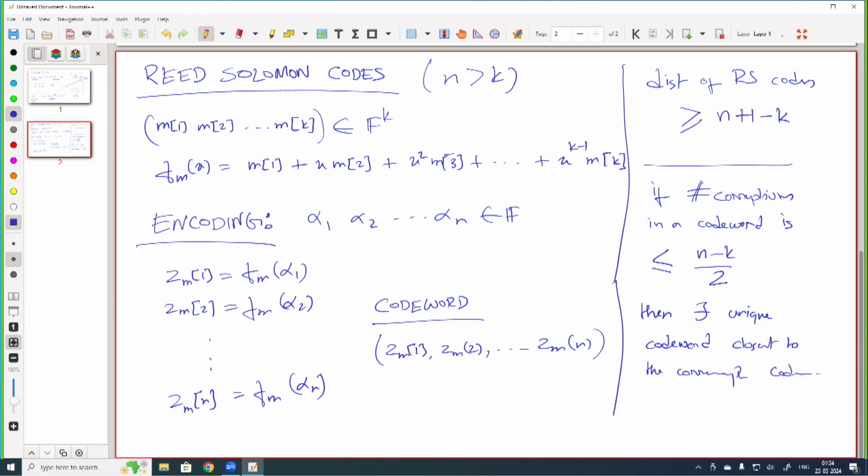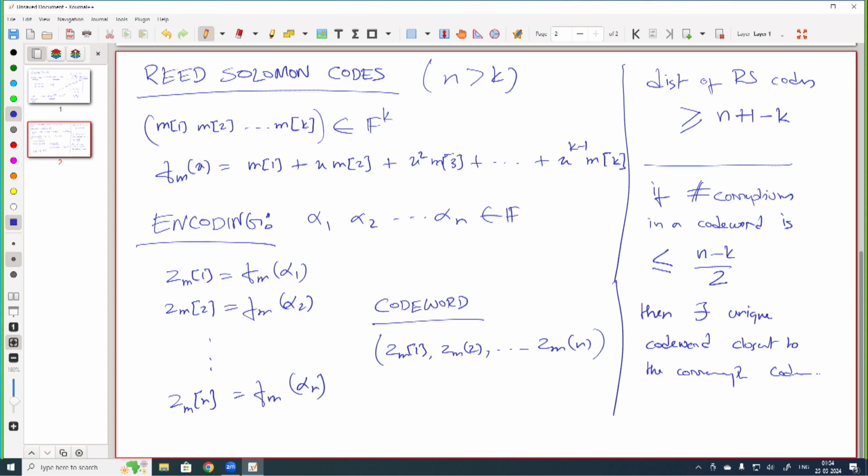So depending on the application, I will choose n, and that will allow me to decode or fix errors that destroy my code word up to a certain extent, up to this limit essentially.